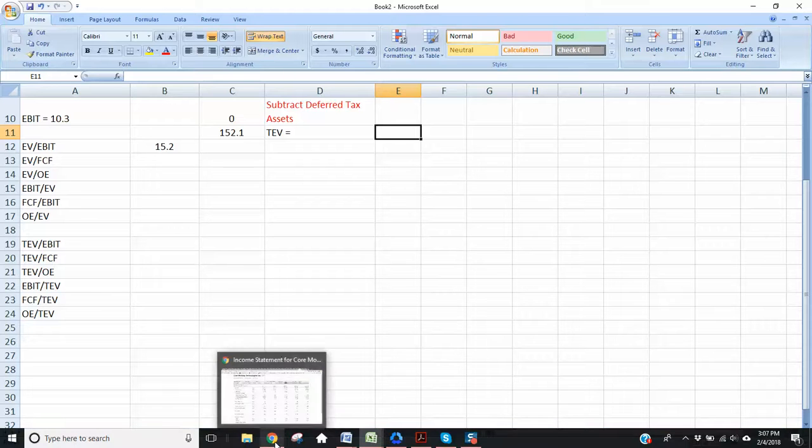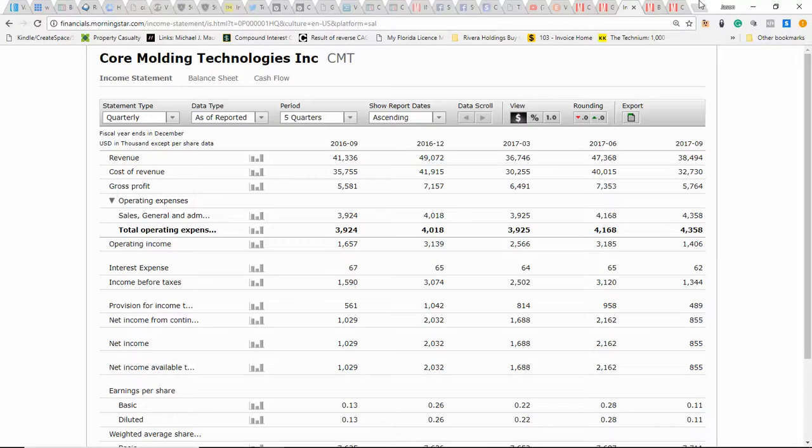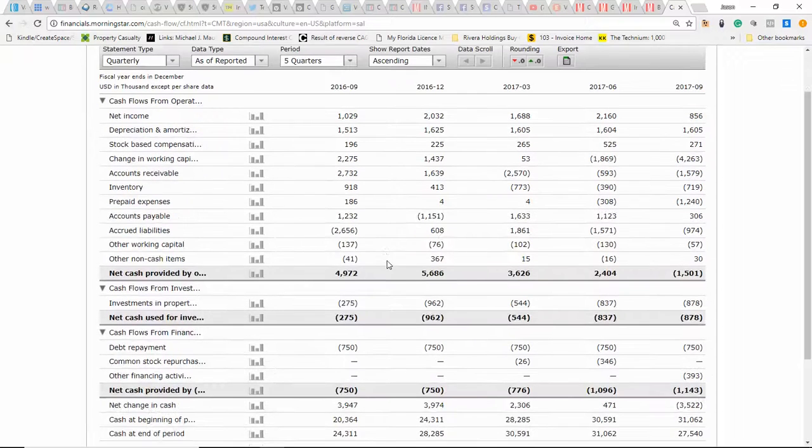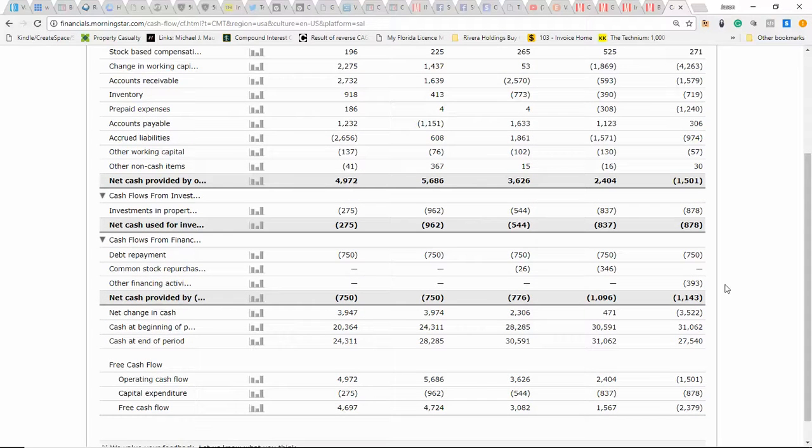EV to cash flow, again, trailing 12 months, and again, for some reason, the trailing 12-month numbers aren't showing up on here. So 2.4 negative plus 1.6 plus 3.1 plus 4.7 equals 7.